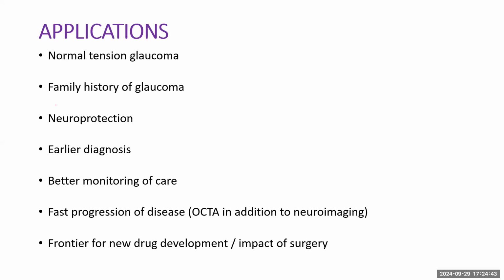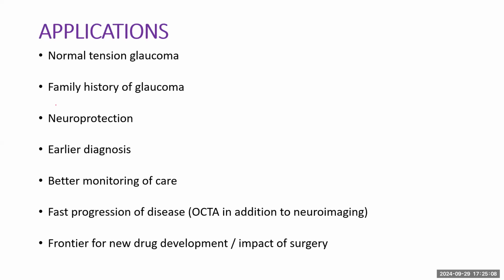There are a lot of promises with OCTA because of what I've mentioned earlier, that many researchers and studies are pointing towards vessel density reduction before retinal nerve fiber layer losses and then visual field changes. Can it help us monitor care in a better way? It could. We don't know yet.